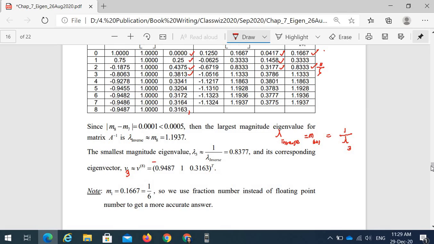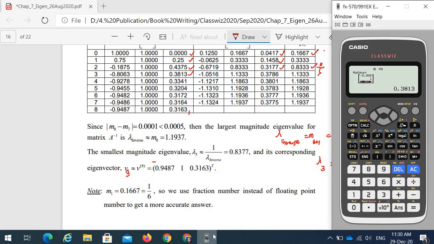Lambda 3 initially is the smallest. 1 divided by the smallest gives you the maximum. Hence, lambda 3 is actually 1 over M(k+1). And the corresponding eigenvector is always the last one. If you stop at M number 8, you should find V8. So V8 is the corresponding smallest eigenvector. So with this, thank you for your attention.